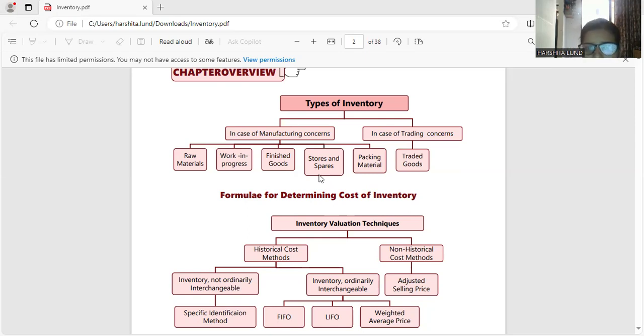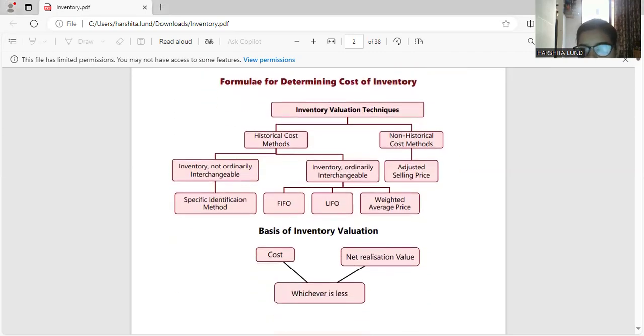So what are the methods for valuation? There are two types of methods: the historical method and the non-historical method. In the historical method, there are again two types. If the inventory is not ordinarily interchangeable, meaning it is very specific, for example in a car showroom where every car has separate, customized features, then we use the specific identification method.